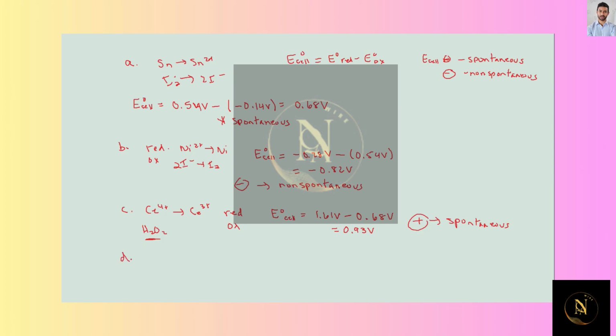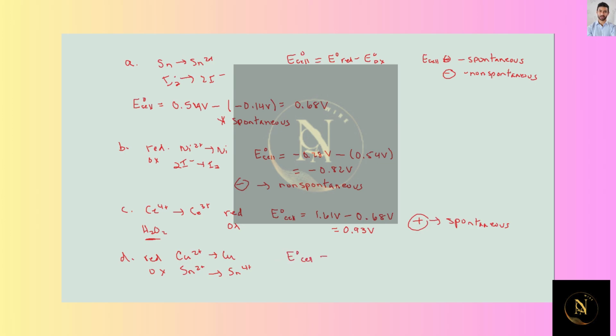Finally, in part D, we are looking at the reduction. Our reduction reaction is going to be Cu2+ to Cu, and that's going to be done by our reducing agent, in this case Sn2+, going to Sn4+. Again, we're going to calculate E cell.